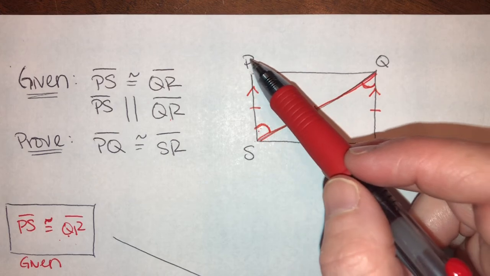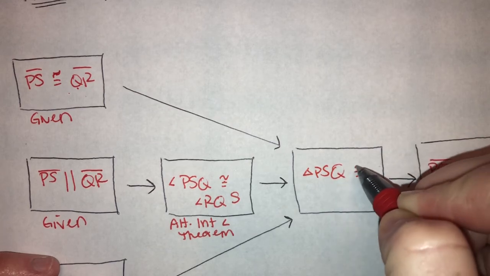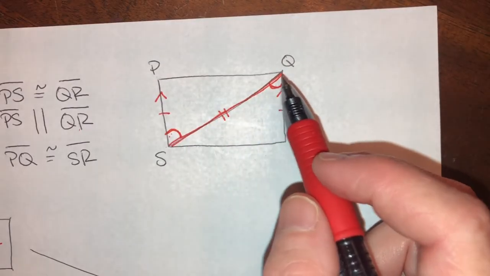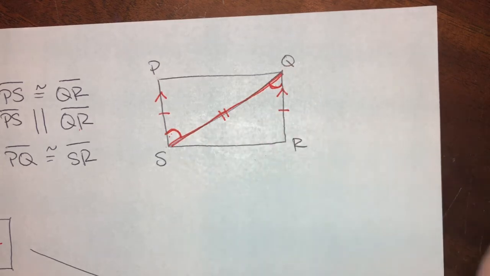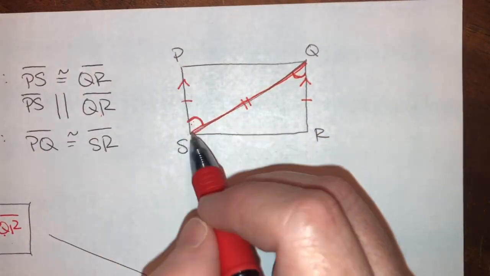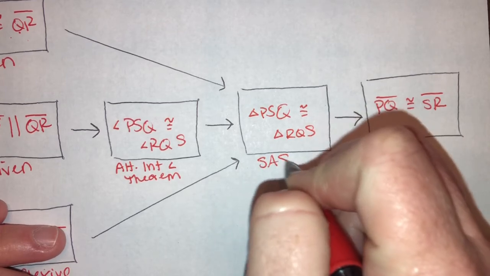So I'm going to say triangle PSQ is congruent to triangle RQS. And how did I know those two triangles were congruent? Because of the side, angle, side postulate.